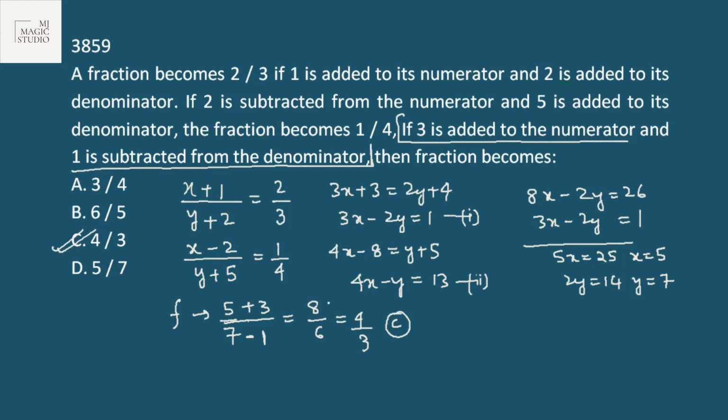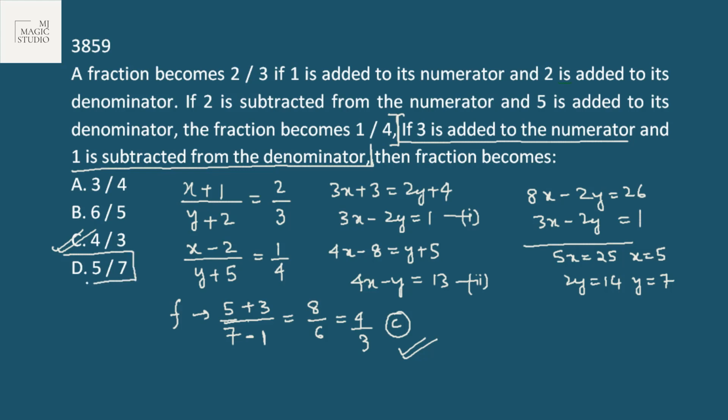As we can see, this is in the smallest form once this operation is done. So picking up an option and doing this sum is not a good idea here. Frame the equation, how quickly you can solve it is all up to you, and then find the correct answer. Option C, correct answer is 4 by 3.